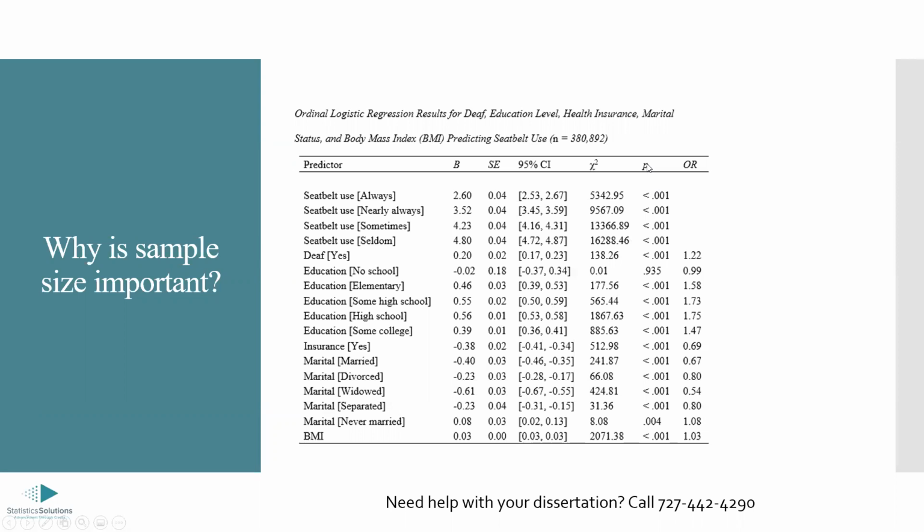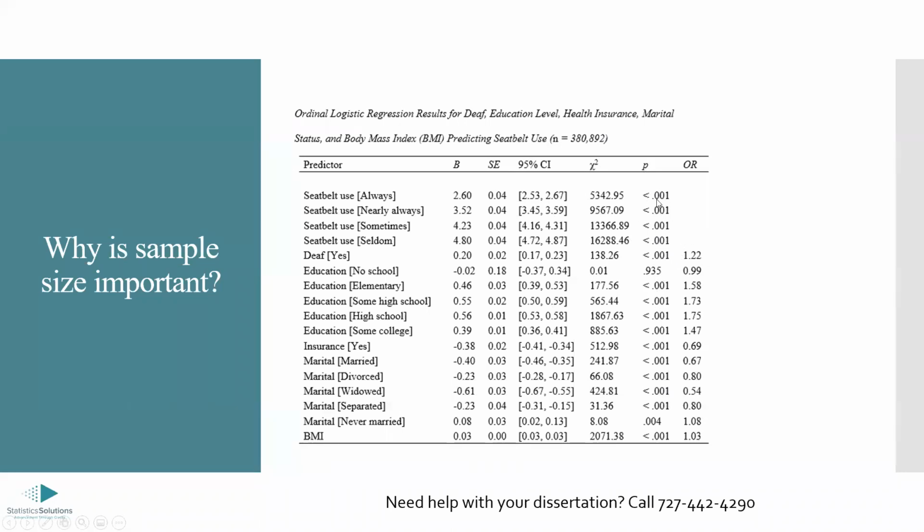Significance is typically identified if your p-value is below 0.05. And we can see down this column here that almost every single result is highly significant at the 0.001 level. That happens when you have a large sample size like this. 380,000 participants are being included in this logistic regression.